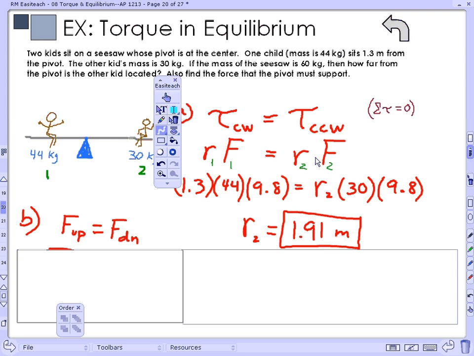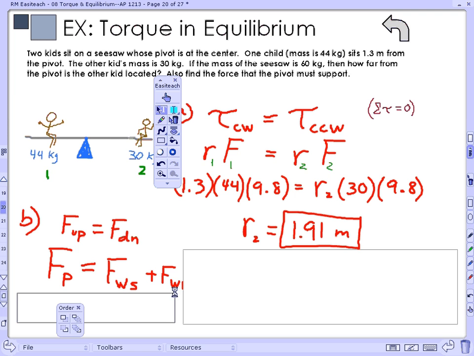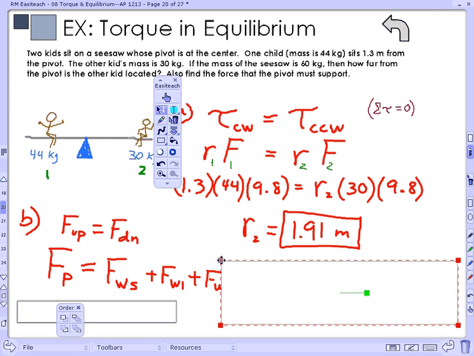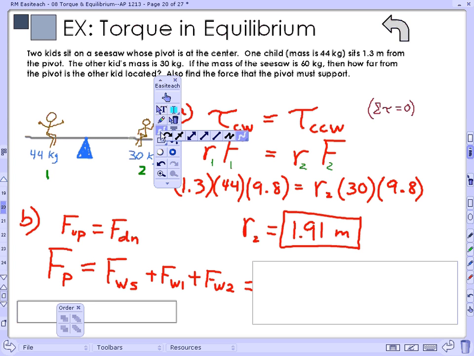But so now you simply write down that the force from the pivot is an upward force. But be careful. Now we do care about the weight of the beam. The upward force is this force here, which is from the pivot.